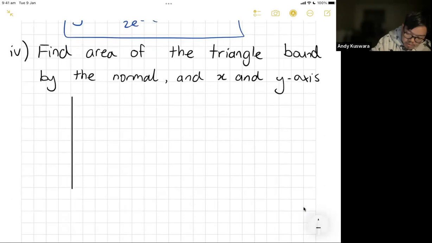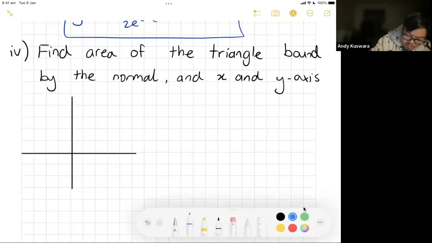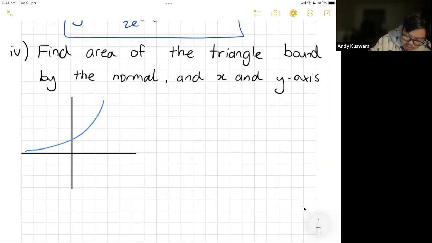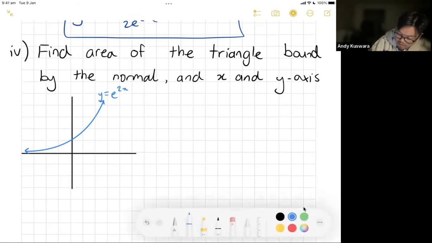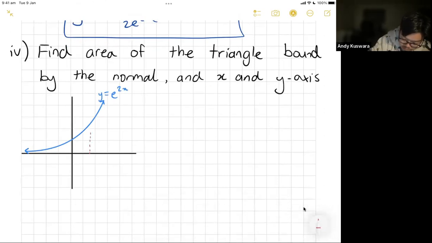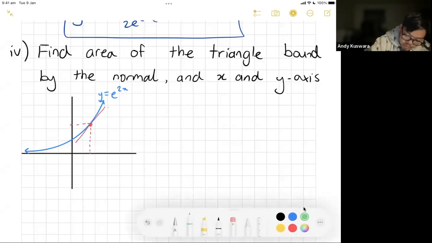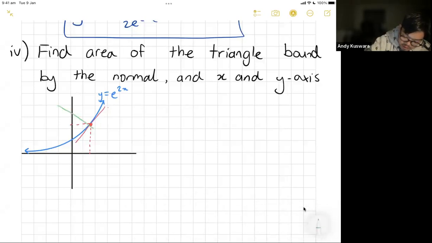So I'm going to draw a small little diagram so you can see a bit better what's going on. There's my exponential, that's y equals e to the 2x. Now I know that at x equals 1, I'm going to get a tangent that looks a little bit like this. But then my normal, which I'll do in green, is going to be kind of like this guy here.